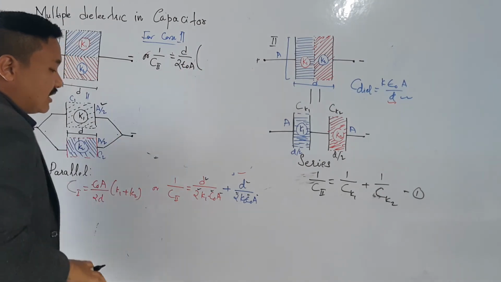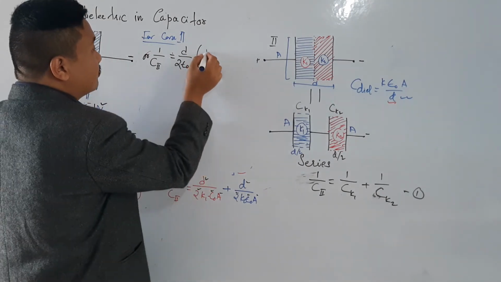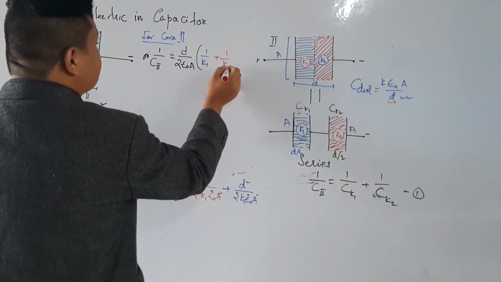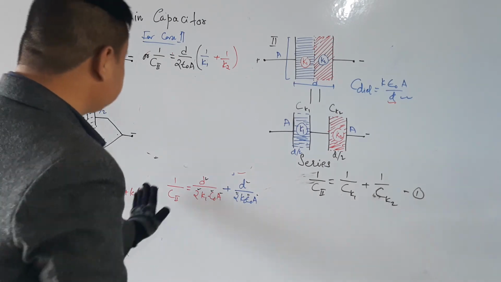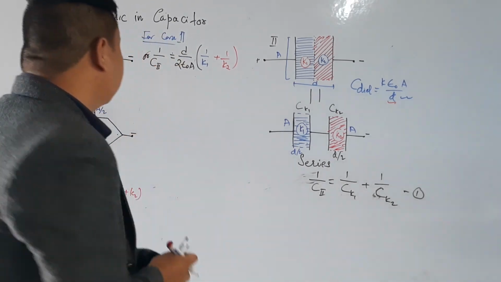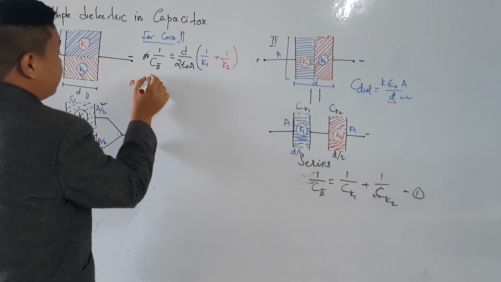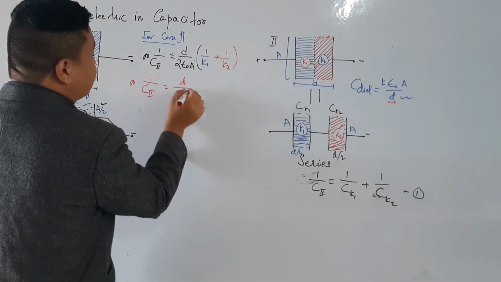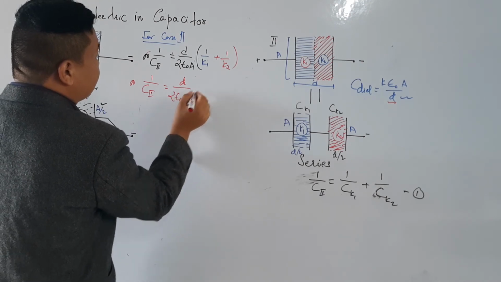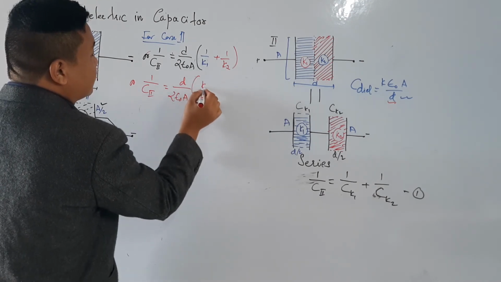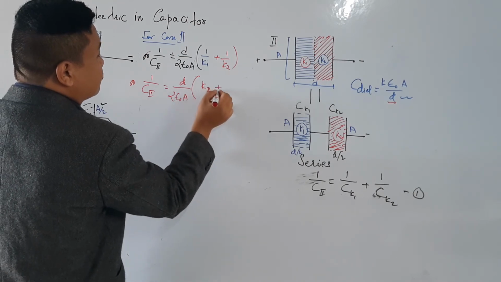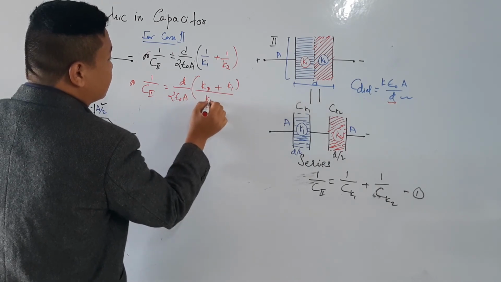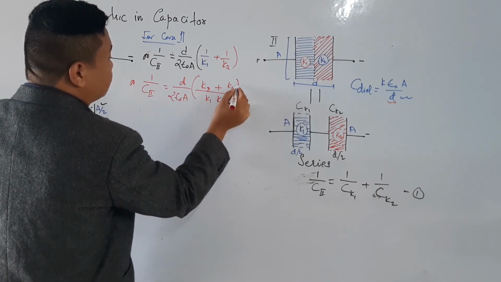Now what is there in the bracket? 1 by K1 plus 1 by K2. So 1 by C2 is equal to D divided by 2 epsilon naught A. Take the LCM: this will be K2 plus K1, divided by K1 into K2.